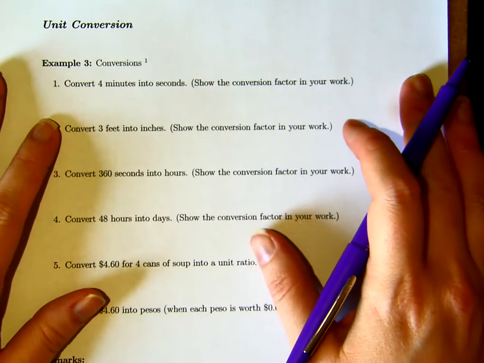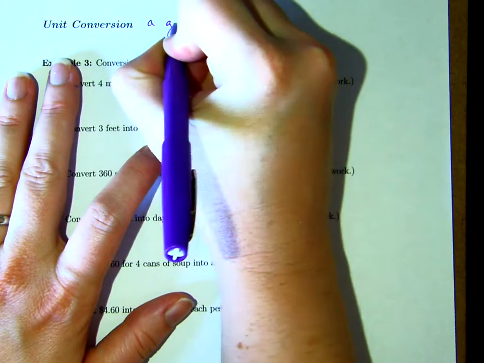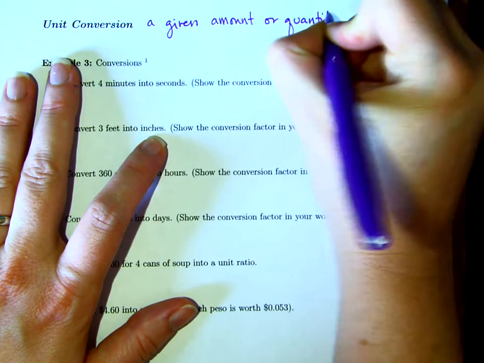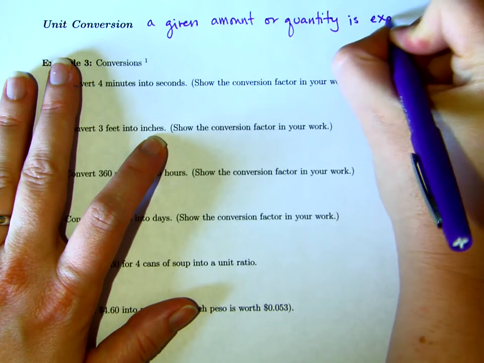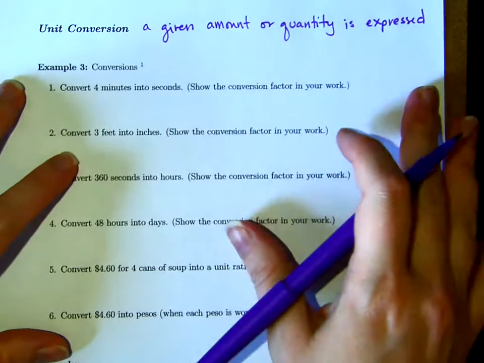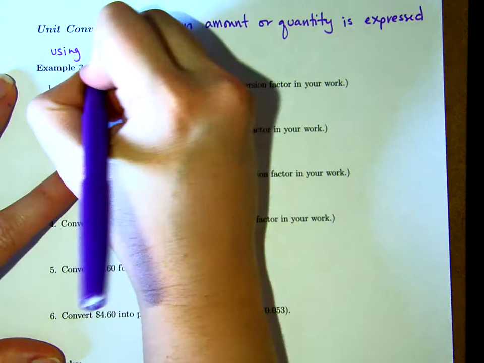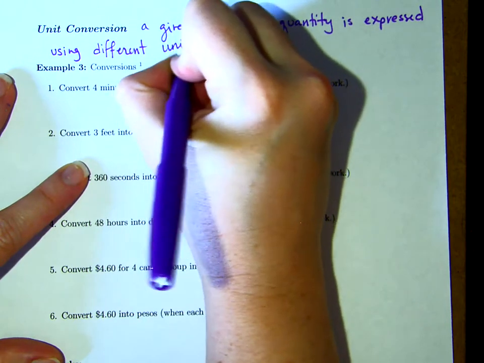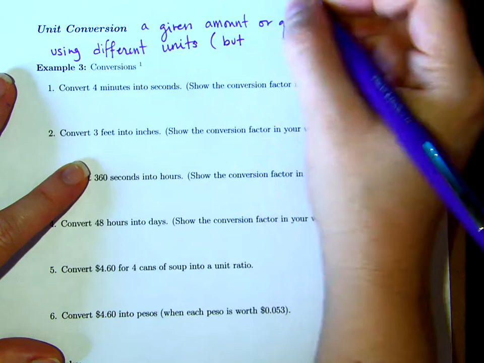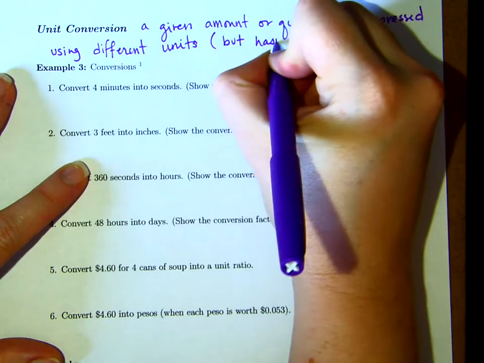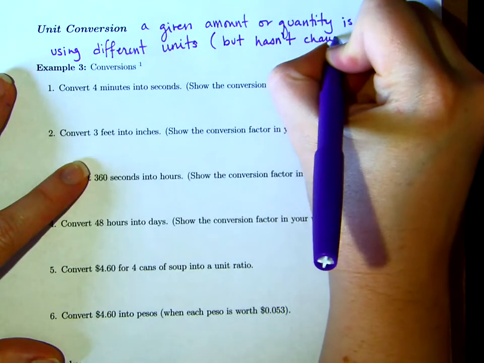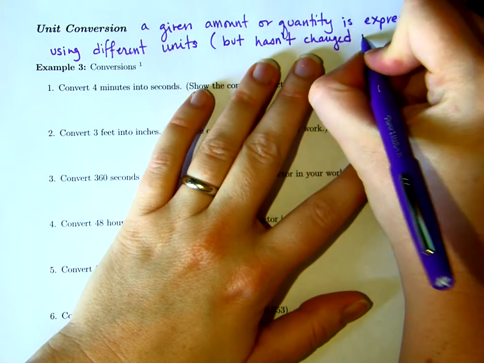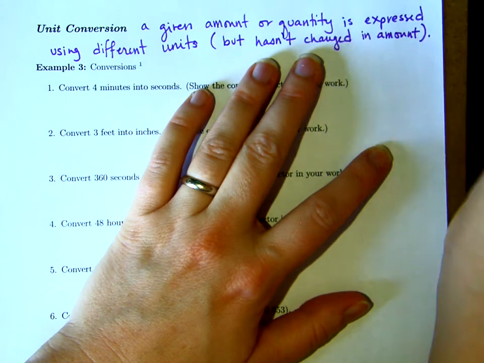So a unit conversion is when a given amount or quantity is expressed using different units, but hasn't changed in its actual amount.